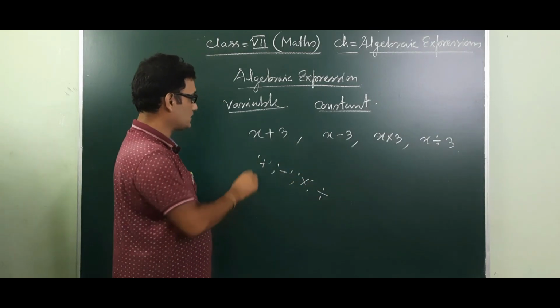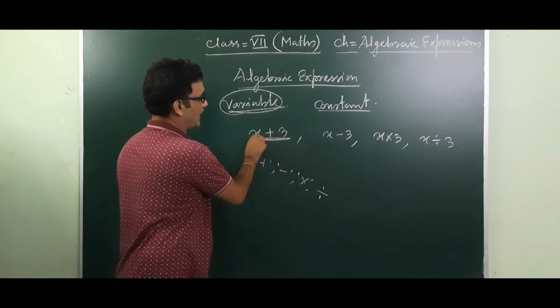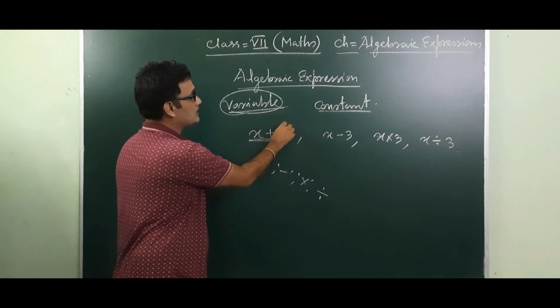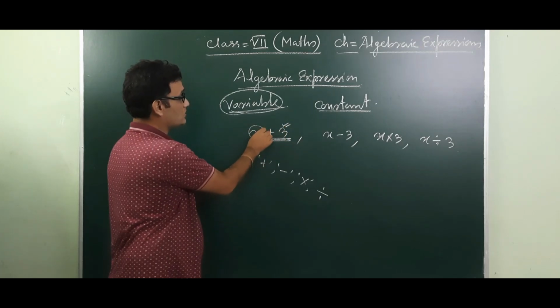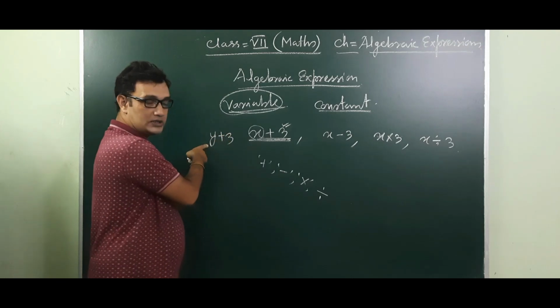Now, what is a variable? Suppose, for example, I have written x plus 3. You see, this 3 is a numerical number, and this x is the variable. Suppose instead of x, we write y plus 3, then this y is your variable.